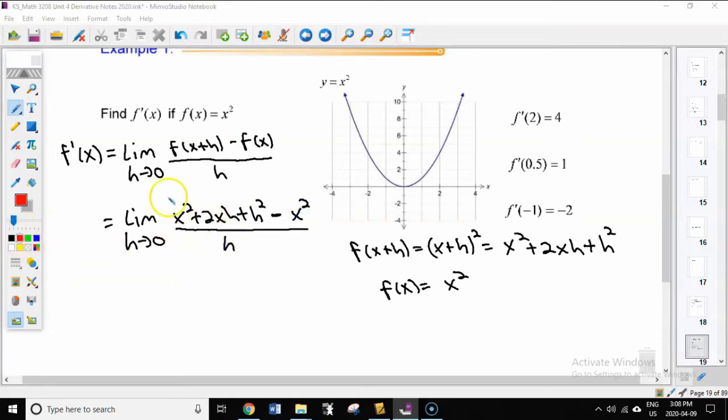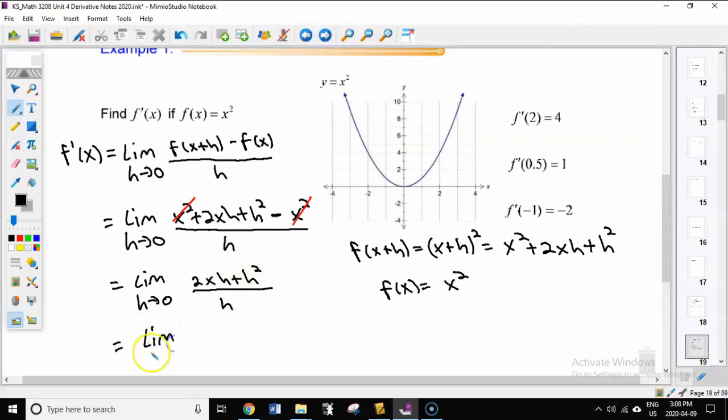And we can clearly see that the x squareds cancel out, which means we're left with the limit as h approaches 0 of 2xh plus h squared all over h. Now we can see everything has an h in it, so we can factor out our h and cancel it. So h outside of 2x plus h, all over h.